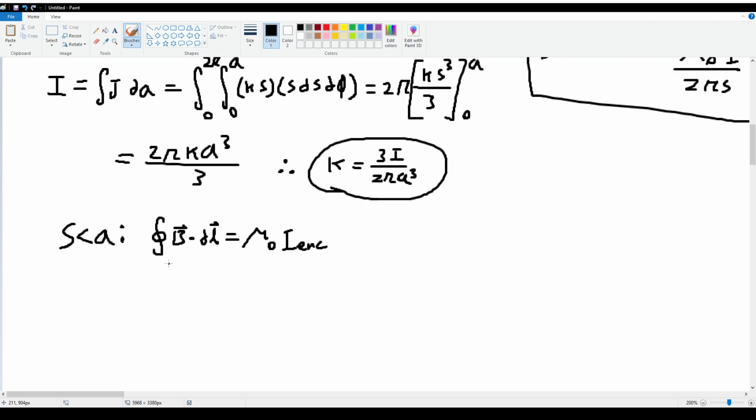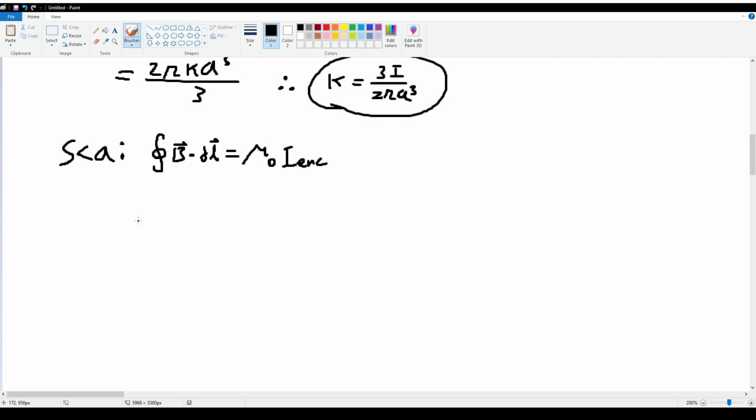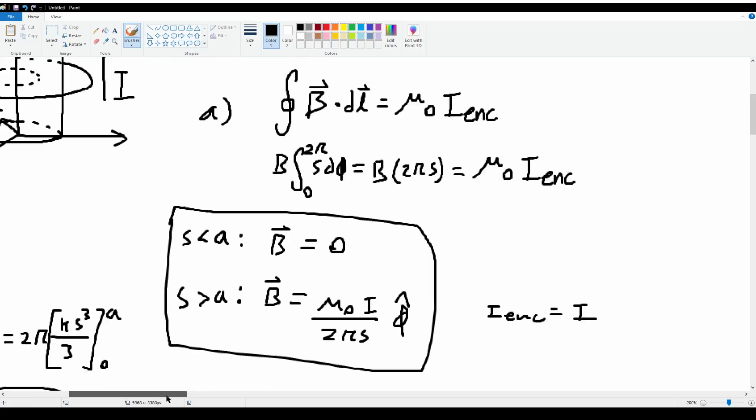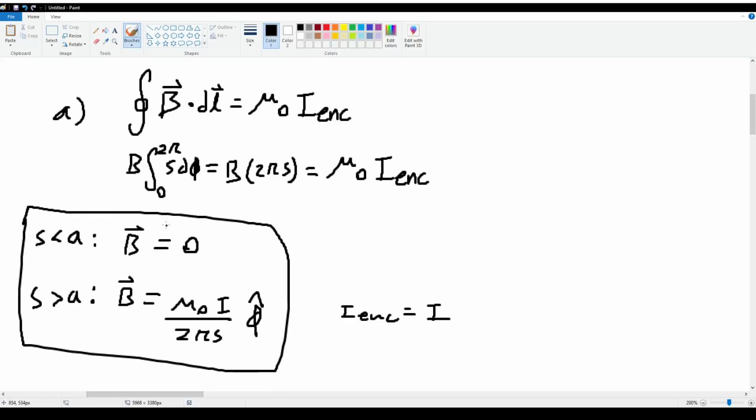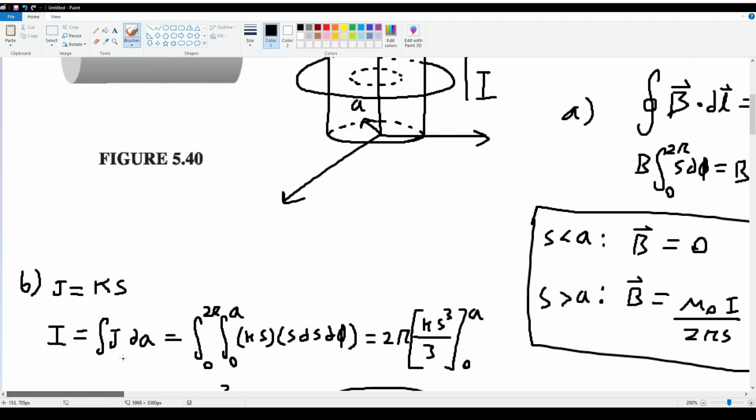Again, doing the same steps as before, we know that the magnitude B times 2 pi S is what we end up with due to the symmetry of our setup.